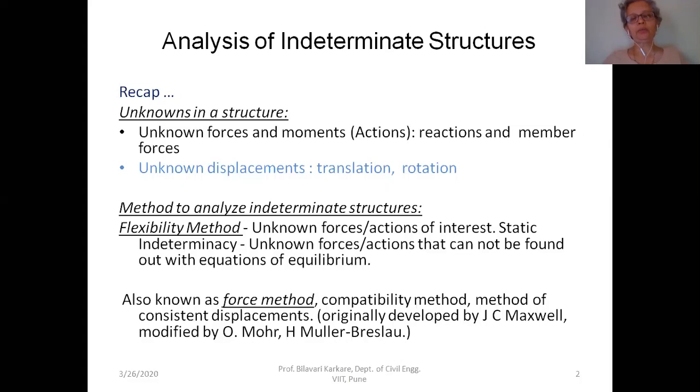This method is known as force method, compatibility method, method of consistent deformations, or method of consistent displacements. Originally, this method was developed by J.C. Maxwell, and later on it was modified by Otto Mohr and Müller-Breslau.